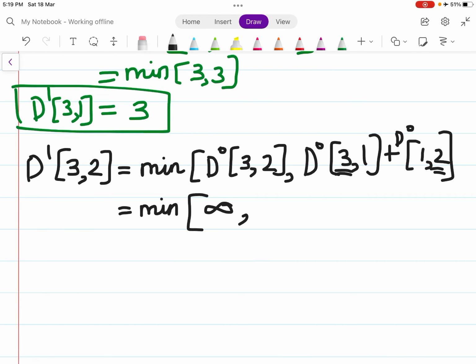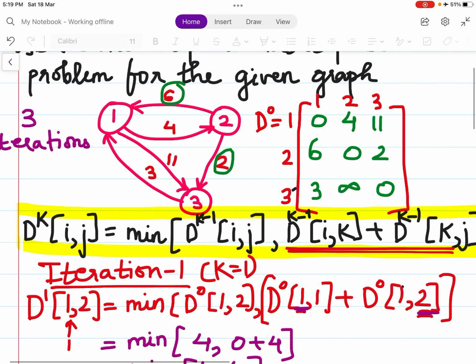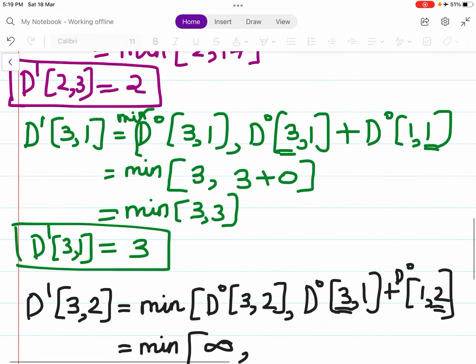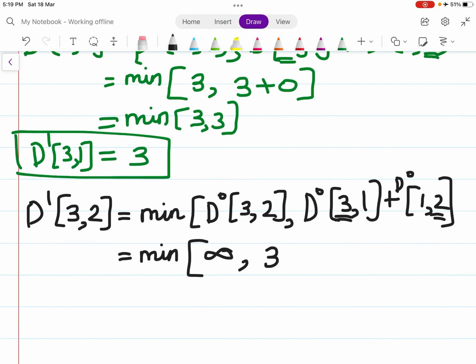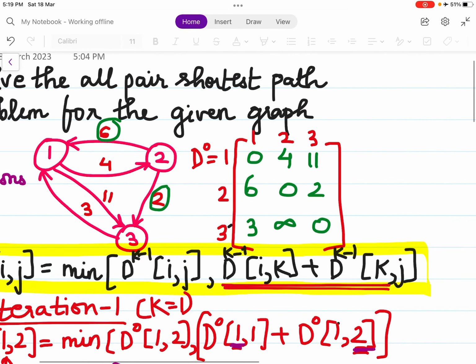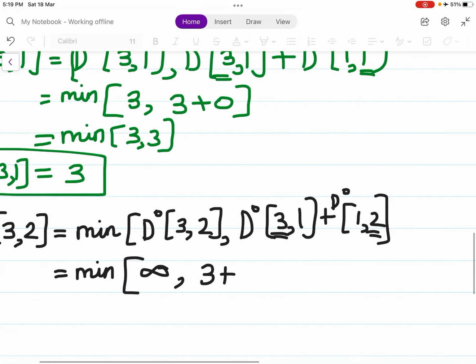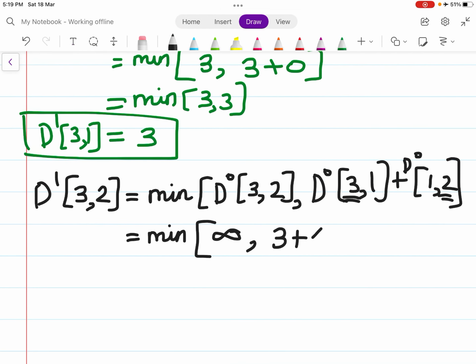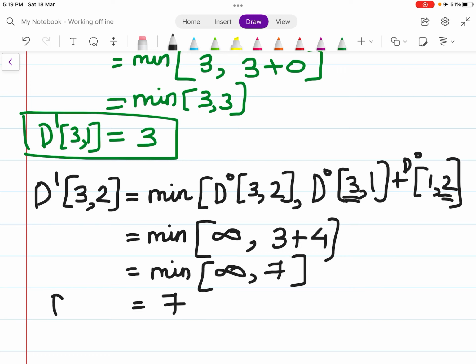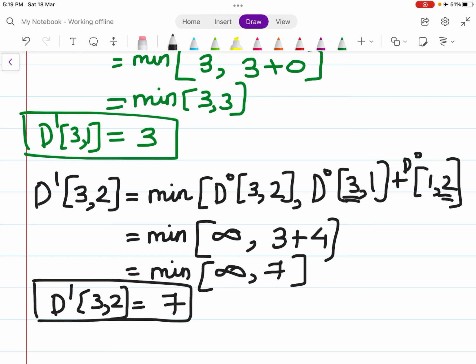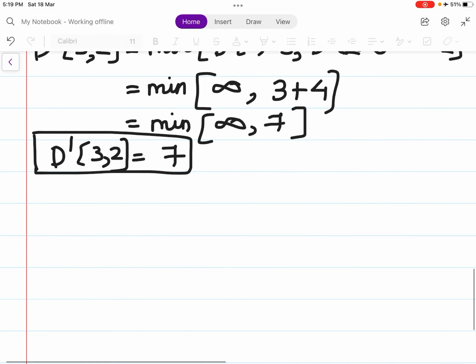So this will be the min of infinity and 3,1, which is 3, plus 1,2, which is 4. So 3 plus 4: minimum of infinity and 7. So 7 is smaller than infinity. So d1 of 3,2 is 7. 3,3 is a self loop, so no need to consider that because the answer is 0.